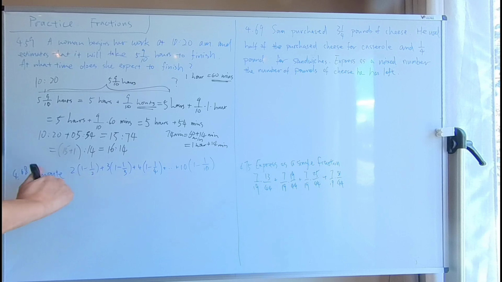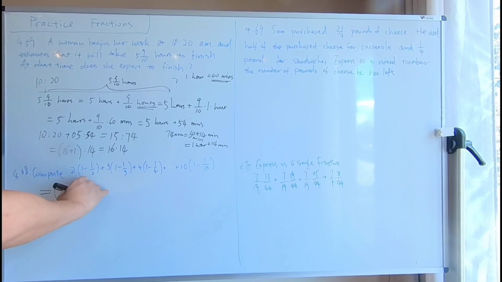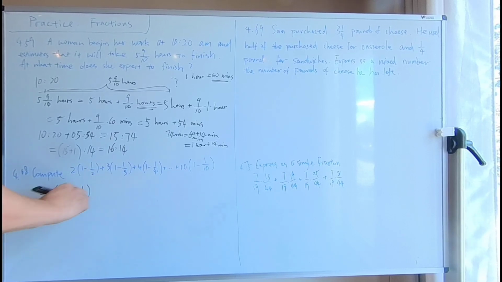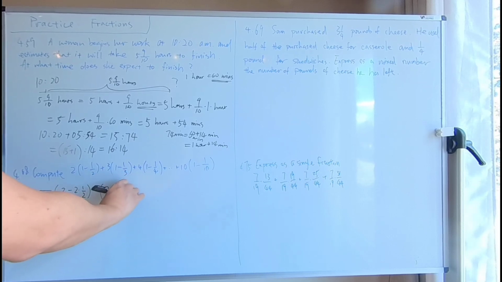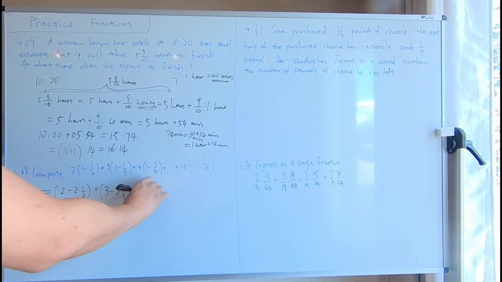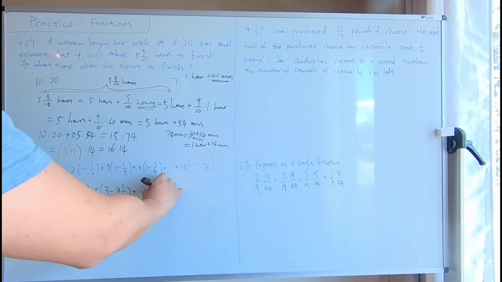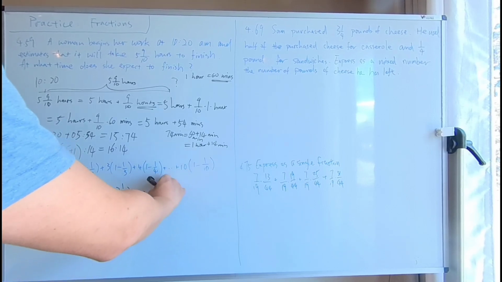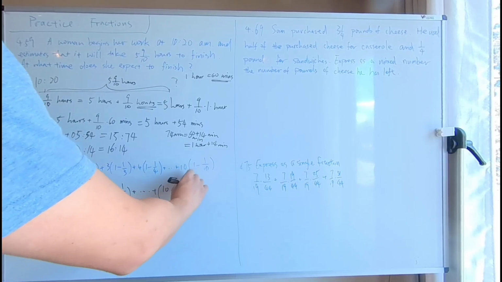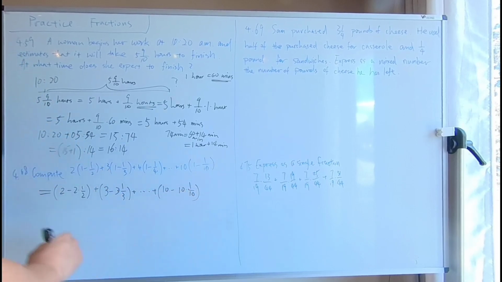So the first one, 2 times 1 is 2, minus 2 times 1 over 2, which is 1. We'll rewrite it later. The second term, 3 times 1, minus 3 times 1 over 3. And keep going until the last term is 10 times 1 minus 10 times 1 over 10.